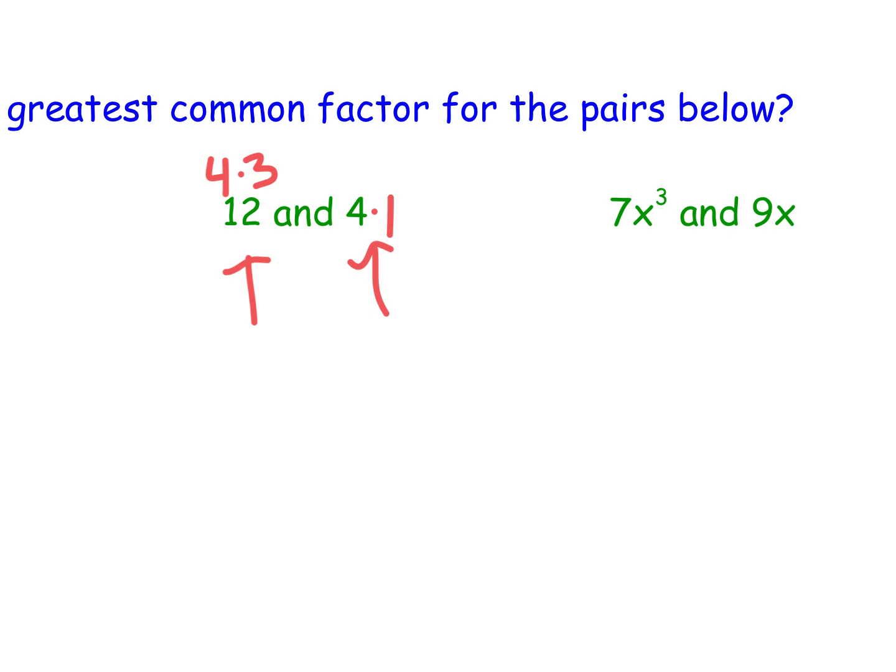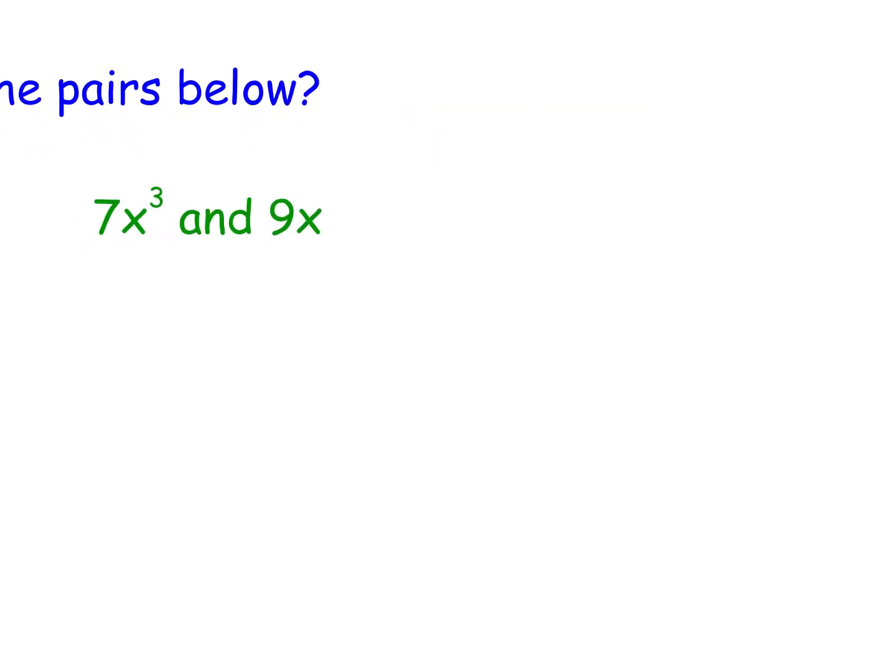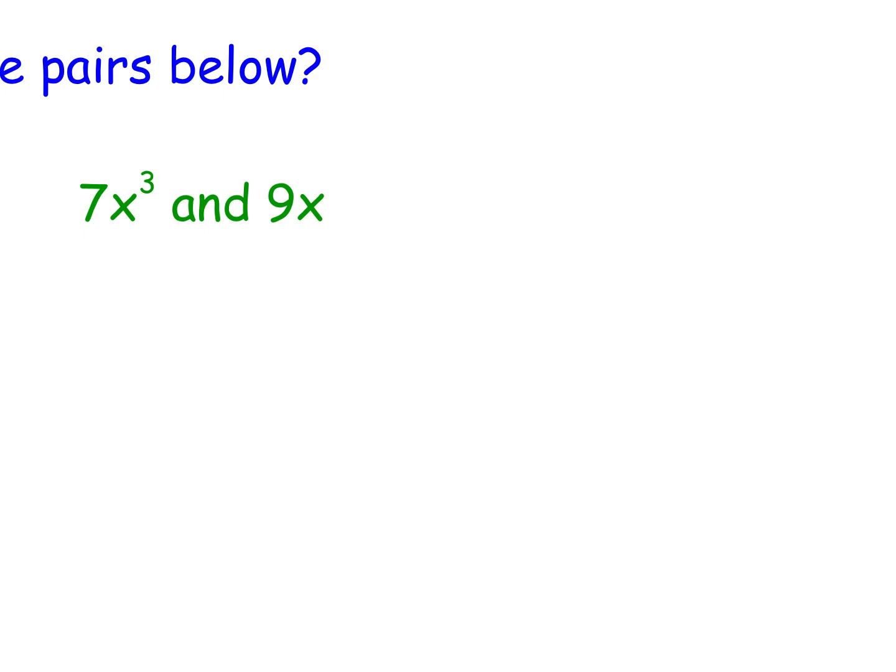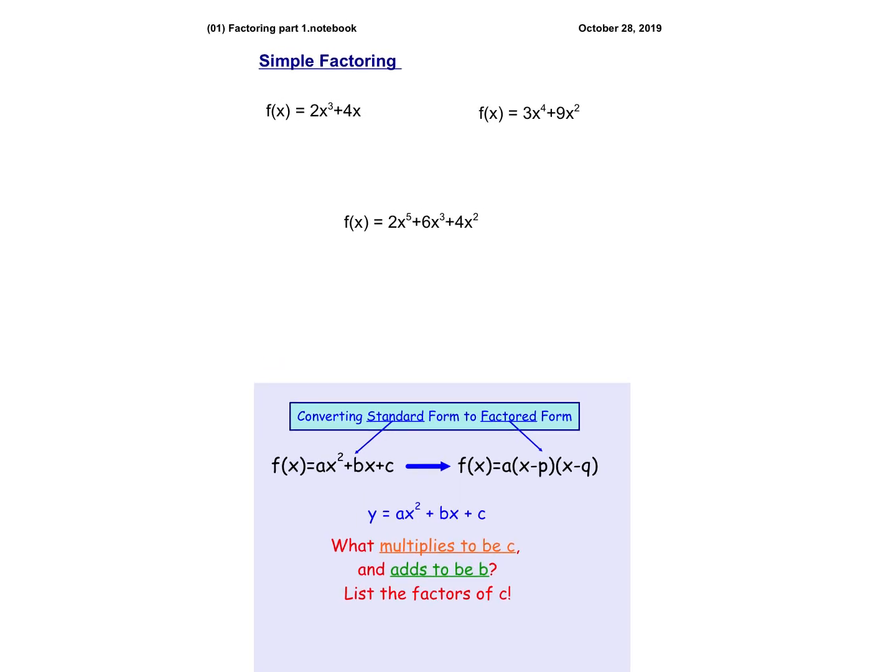Now they both clearly have a 4 in them. And how about this, though? X is the thing in common. There's no number like 3 or 7 that goes into both things, so not numbers, but there's an X in both of them. X is the GCF. All right, moving on.